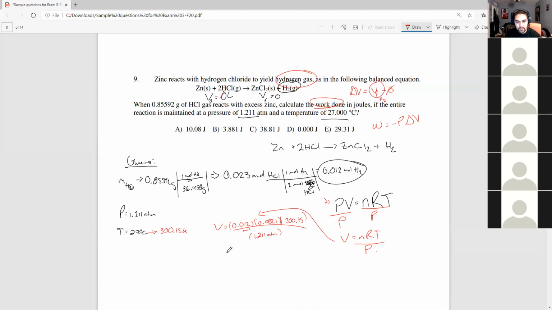Did anyone derive the volume? I got 0.244. Let me double check with you guys. Can someone second that, please? I got the same thing.